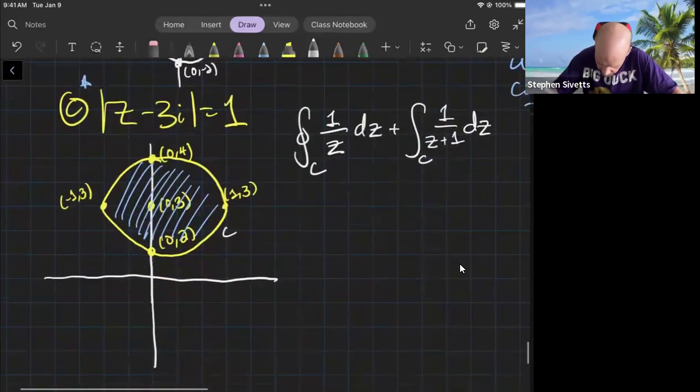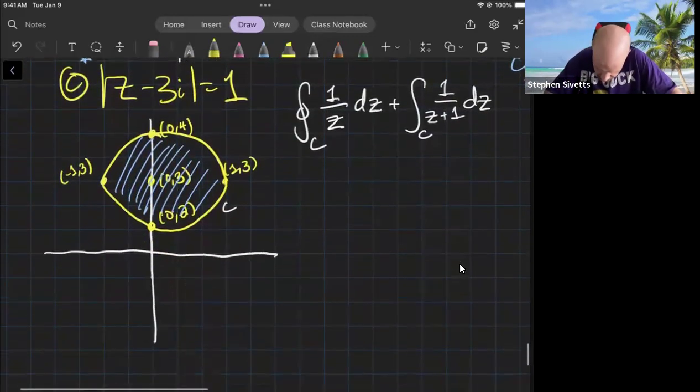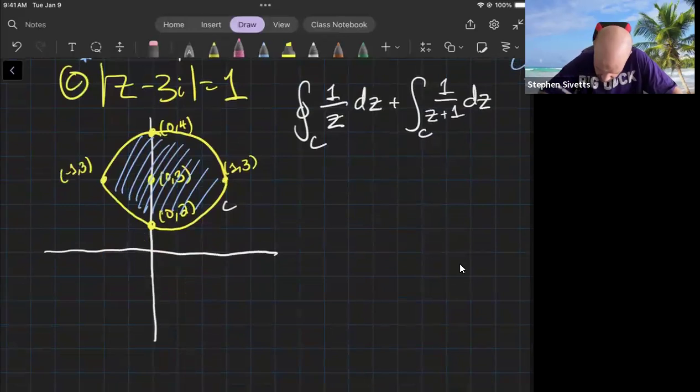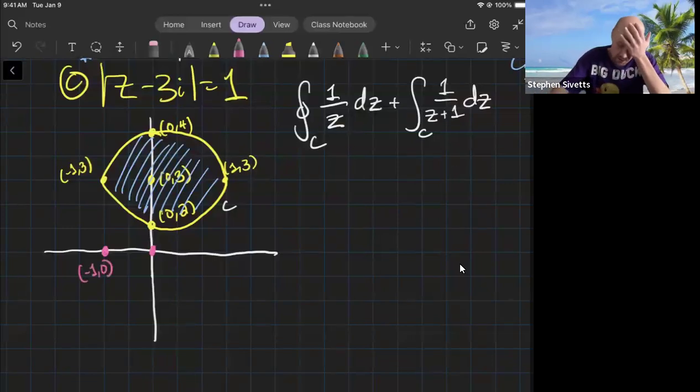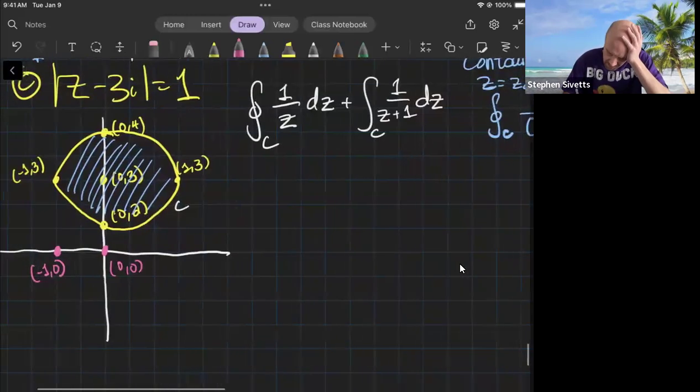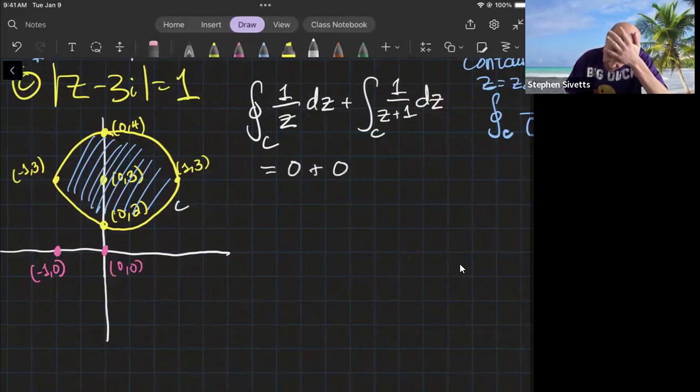So we know this function is not analytic at the origin and at z equals -1. So these points are not in this region. That means we can use the Cauchy-Goursat theorem, so this equals 0, and this will also equal 0.